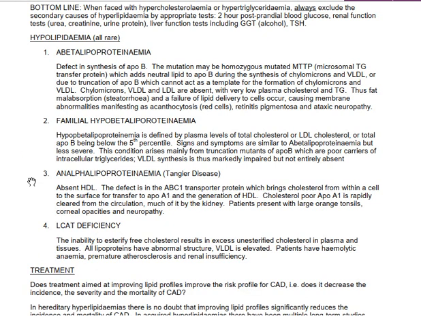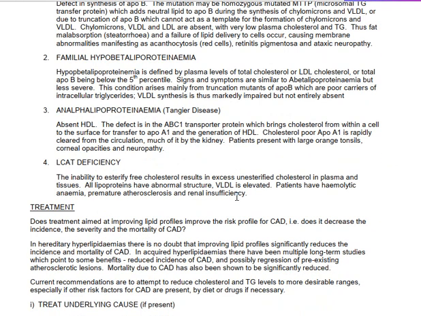Now, alphalipoproteinemia is where you have absent HDLs. In this case the defect is an ABC transporter defect. The HDL is not going to be found, so you are going to have no accumulation of cholesterol and all that. And the last one is lecithin CAT deficiency.